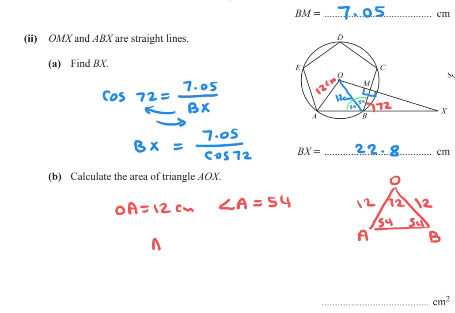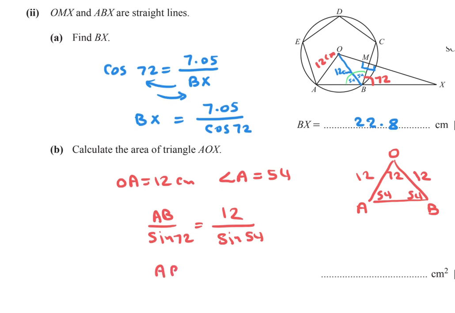So AB over sine 72 equals 12 over sine 54. So AB equals 12 sine 72 divided by sine 54, which equals 14.1.